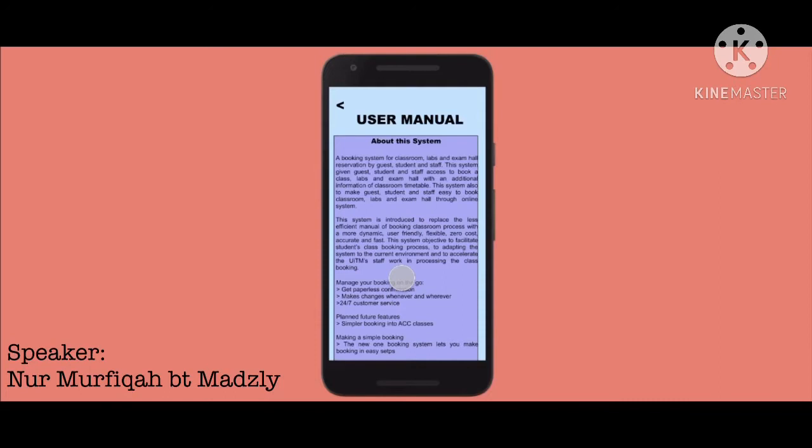This system is introduced to replace the less efficient manual booking process with a more dynamic, user-friendly, flexible, zero-cost, accurate, and fast one. The objective is to facilitate the students' class booking process, adapting it to the current environment, and to accelerate the UITM staff's work in processing class bookings.